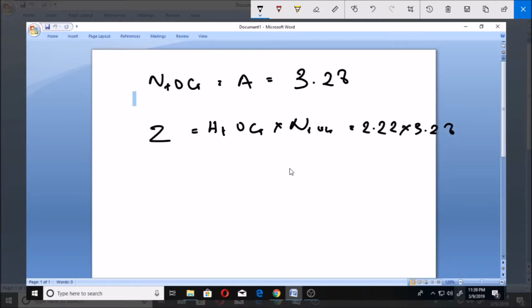That's the total height, which will give us 7.28 meters as the height of the packing. So that's what we have.